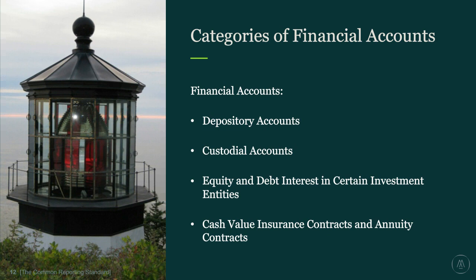Obviously that can vary, but generally, if you're a depository institution, you have depository accounts. You could have custodial accounts, equity and debt interest in certain investment entities, and then your cash value insurance contracts and annuity contracts. So those are the general categories of financial accounts. And obviously there's more types, and whether or not you're classified under those is something that you would need to analyze using the local regulations.